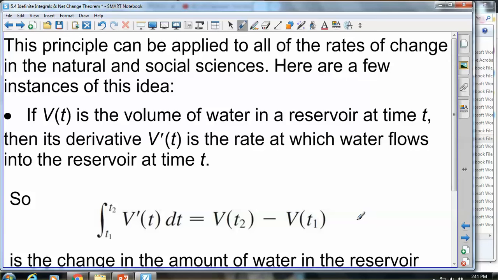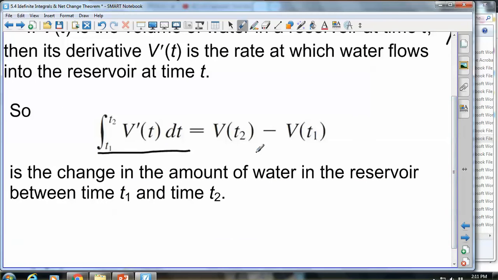If V is the volume of water in a reservoir at time t, then the derivative would be the rate that the water is flowing in. So V is the total amount, the derivative then is the rate of change. So if I asked you to integrate that rate of change over a specific time frame, that would give you the change in the amount of water in the reservoir over that time period.